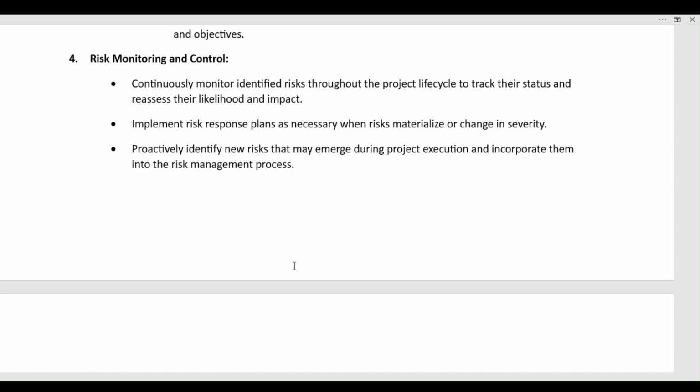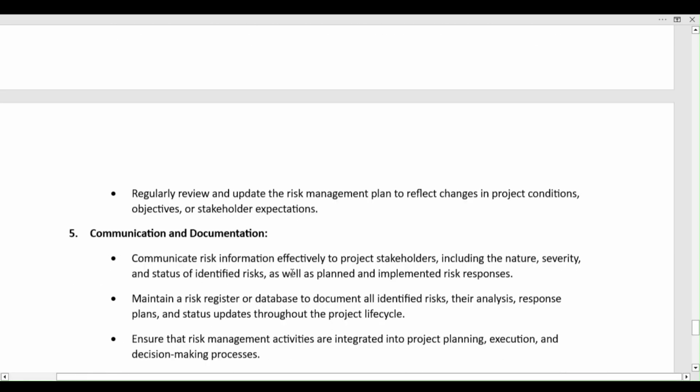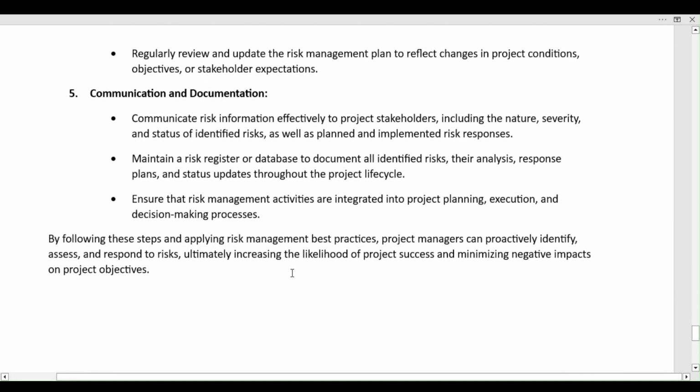Third one is proactively identify new risks that may emerge during project execution and incorporate them into the risk management process. Fourth one is regularly review and update the risk management plans to reflect changes in project conditions, objectives, or stakeholder expectations.